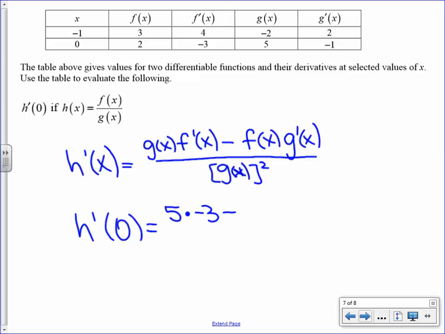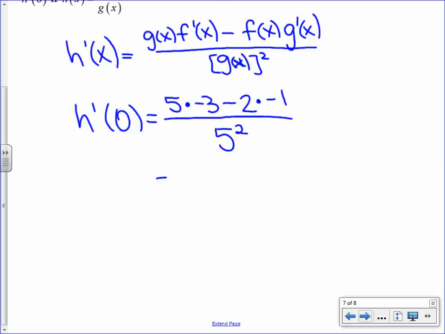What is f of 0? What is g prime of 0? And what is g of 0 again? So we have 5 squared. So we have negative 15 plus 2 over 25.